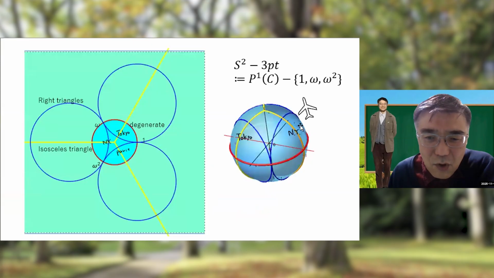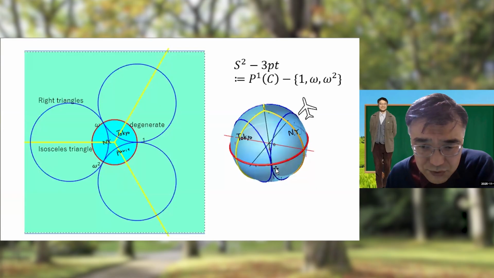Then we have orbits of Lissajous motions.